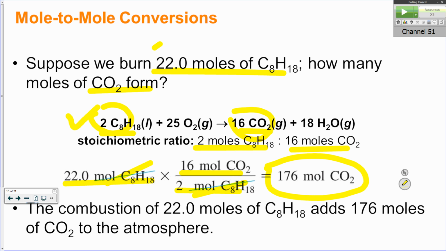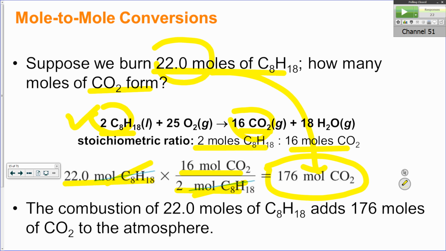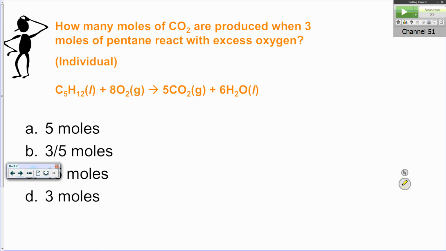The consumption of 22 moles of octane produces 176 moles of carbon dioxide. So from that, I've got a way to take the amount of a reactant and predict how much of the product is going to be made. In combustion, CO2 is a gas, so it goes straight to our atmosphere.